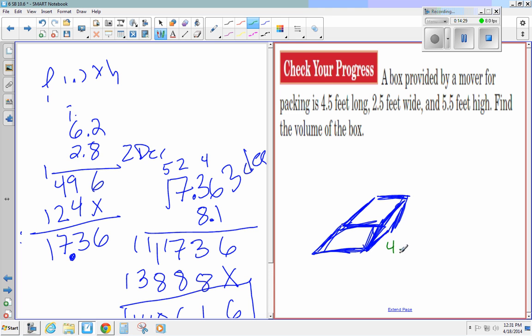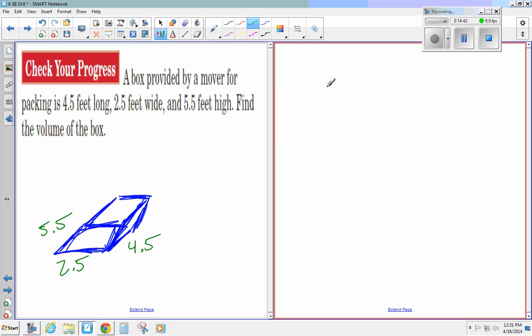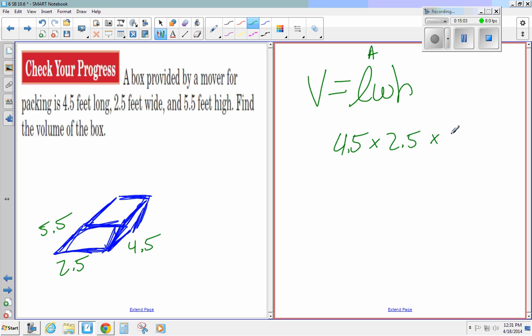It is 4.5 feet long. It is 2.5 feet wide. And then it is 5.5 feet high. So we need to set up volume is equal to the length times width times the height. Please don't forget that length times width is area. So 4.5 feet long times 2.5 feet wide times 5.5 feet high.